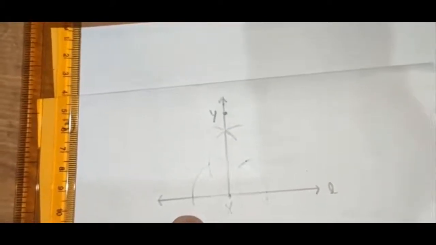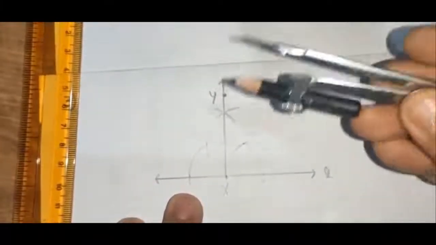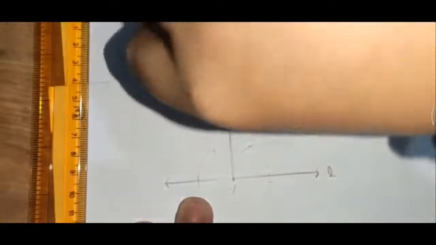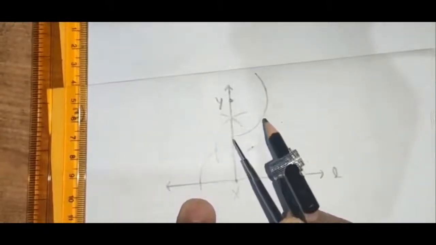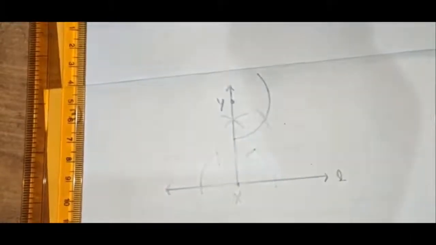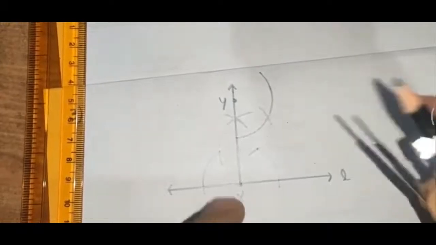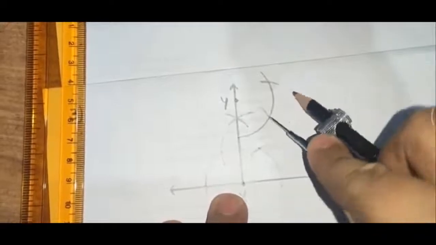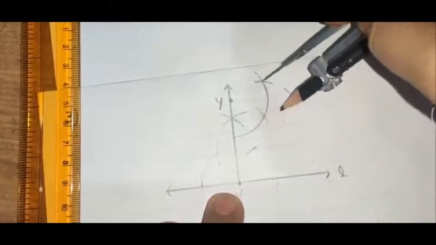Now draw a perpendicular to XY at Y. Now on Y we are required to draw a perpendicular. So here also you are required to make a semicircle. This type of semicircle you will make. And after this, first arc, then from the first arc you will draw the second arc, from the first arc you will draw the third arc, and from the second arc you will draw a fourth.